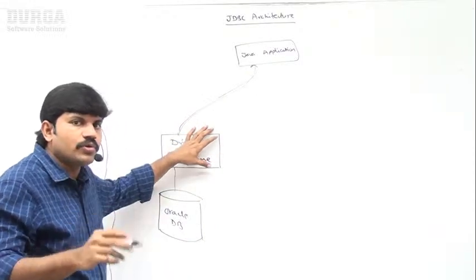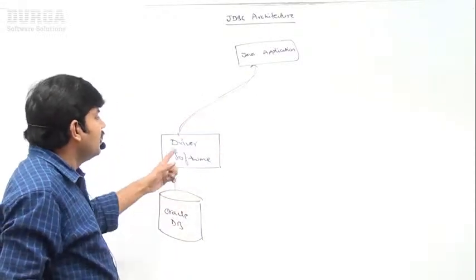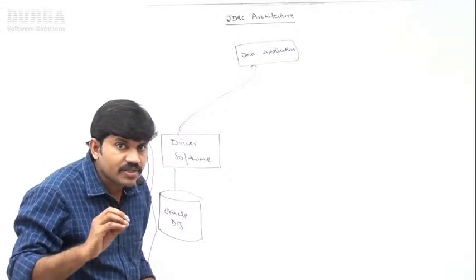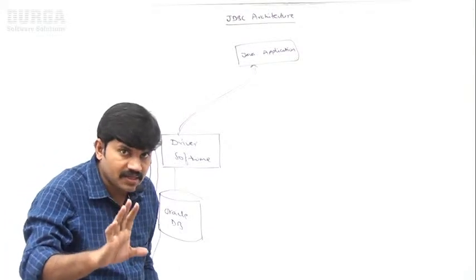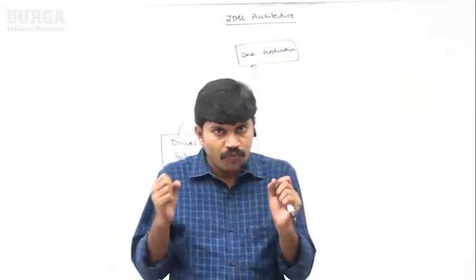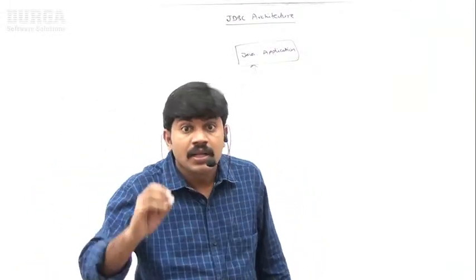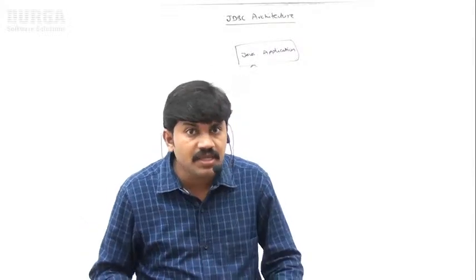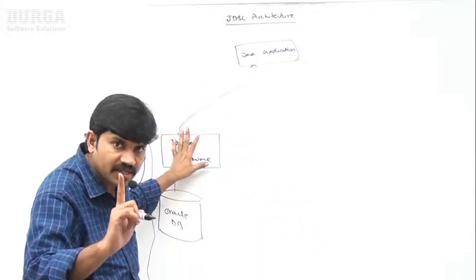Who is going to do that conversion? A driver software. Driver software acts as a translator. Clear for all of it? So if a Java application wants to communicate with the database, the compulsory required concept is driver software. Is it clear?